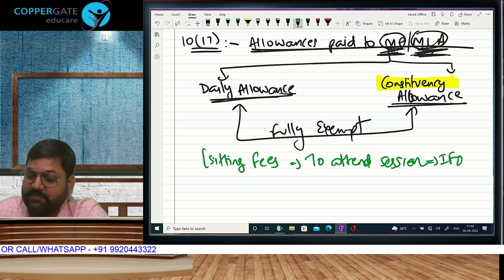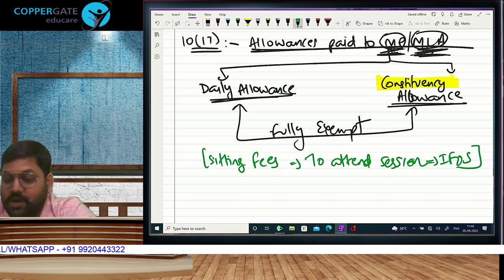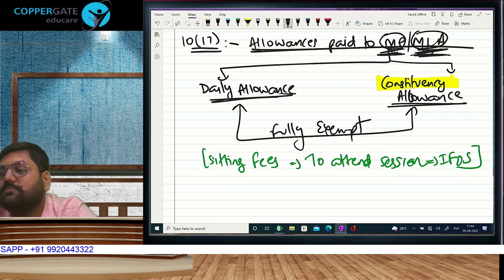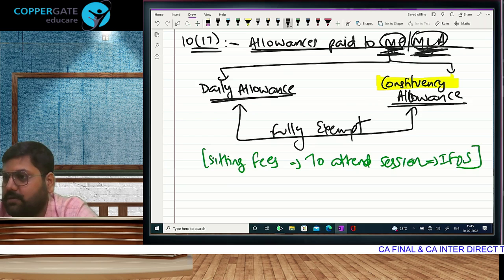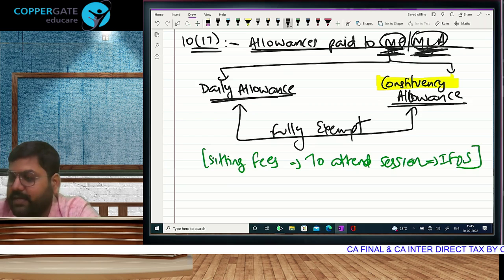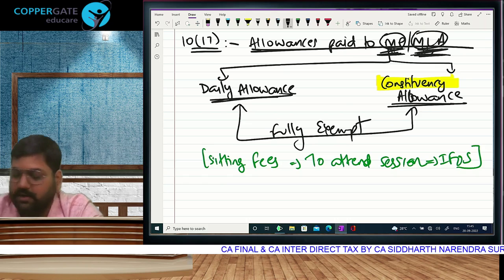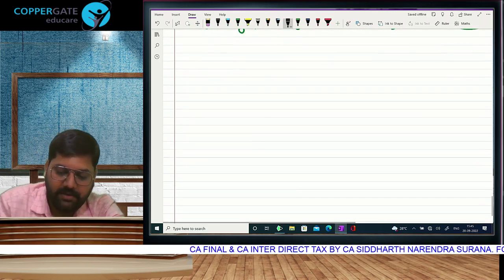That will be taxable under income from other sources. What is exempt, friends? Daily allowance is exempt. Constituency allowance is exempt. But what will be taxable? Sitting fees will be taxable. The money for attendance is going to be taxable. Is that understood? That's section 10(17), allowance to MP, MLA.